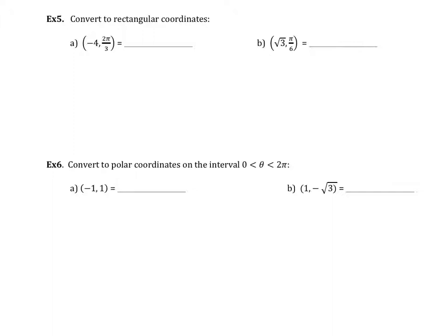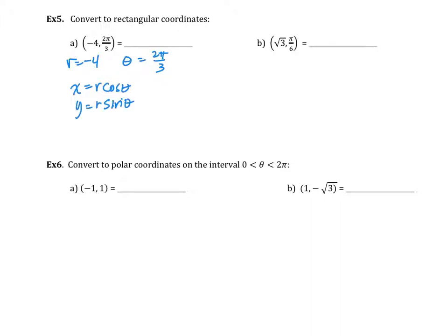So let's do some example problems to see what we're doing here. It says convert to rectangular coordinates. So we have a polar coordinate. We know that r equals -4, and we know that theta equals 2 pi over 3. If we're given r and theta, we just said that x equals r cosine theta and y equals r sine theta.